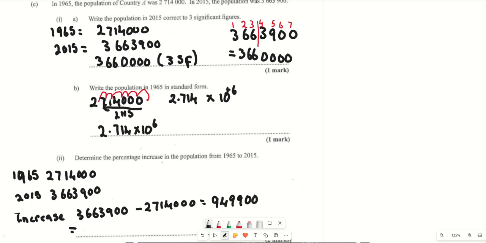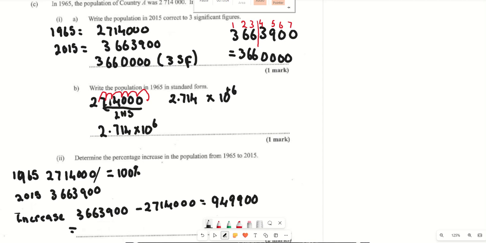Again, we're doing percentage increase, so we are going to do if, then, and therefore. What was your original population before any increase? Your original, or before your increase, is always 100%. So we know that 100% is equal to 2,714,000.